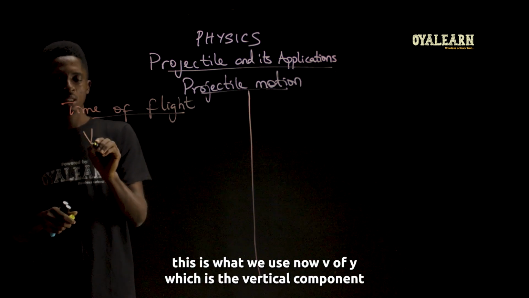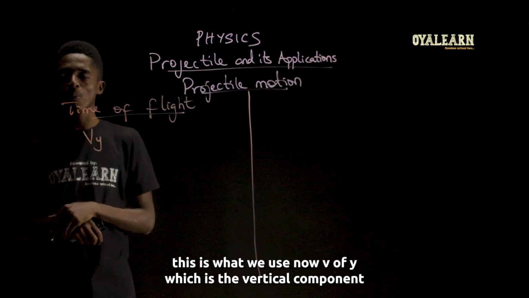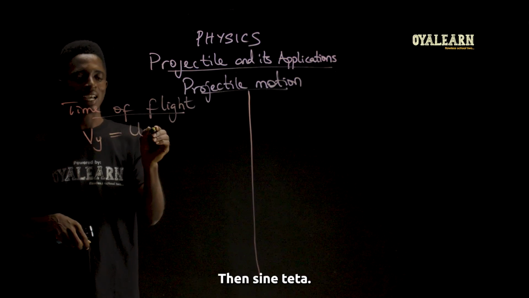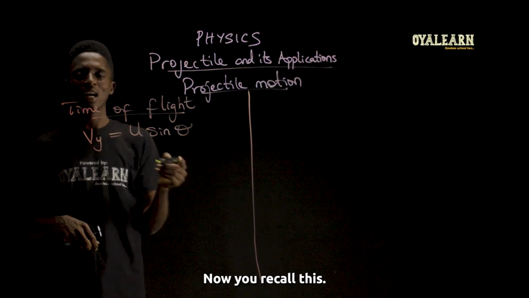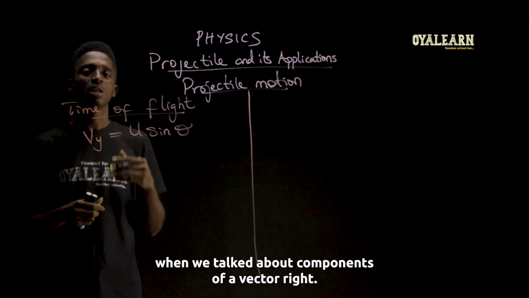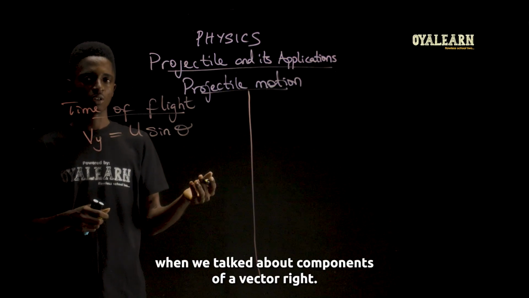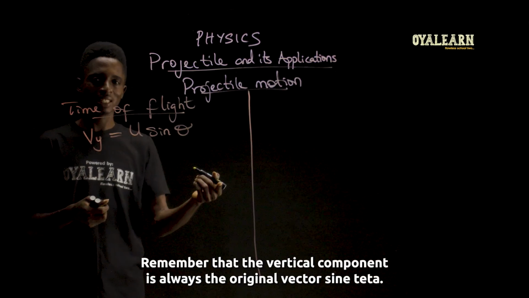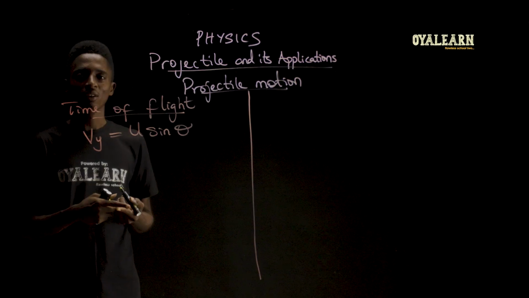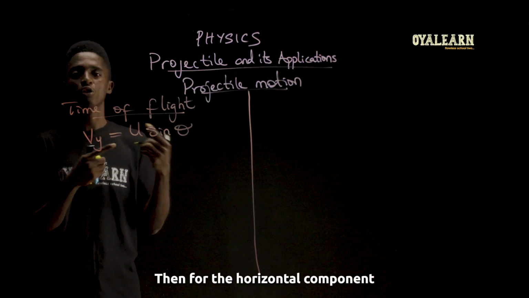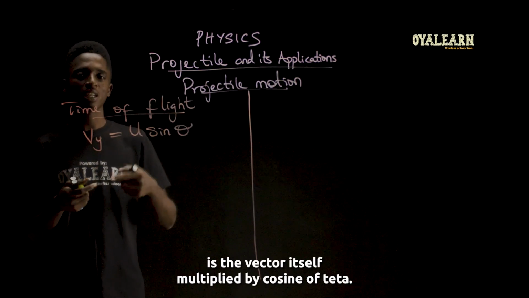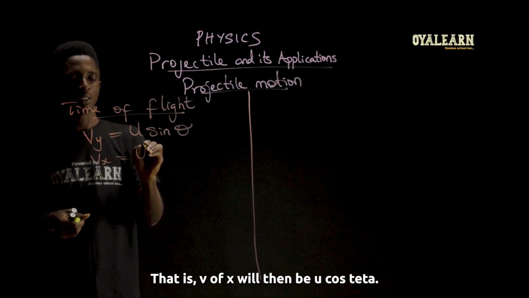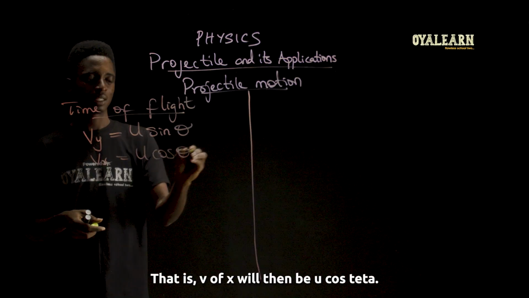Now v of y, which is the vertical component of velocity, is the original velocity itself times sine theta. You recall this from when we talked about components of a vector, right? Then for the horizontal component, it is the vector itself multiplied by cosine of theta. That is, v of x will then be u cos theta.